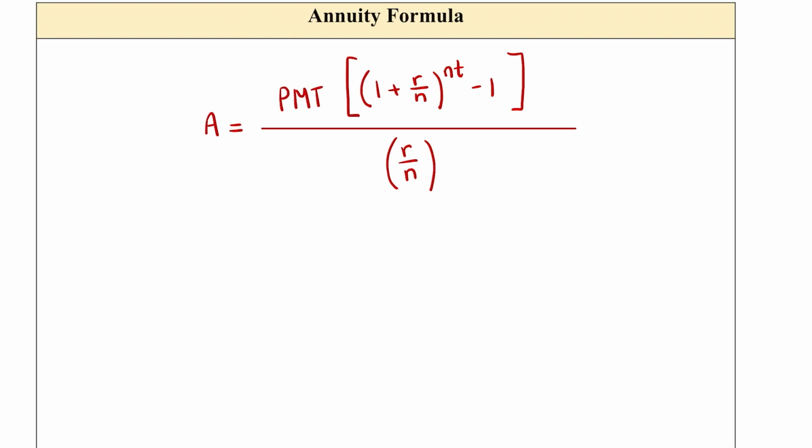My annuity formula is A equals PMT times 1 plus R over N, the whole thing raised to N times T, and then minus 1, all over R divided by N, where A is the amount in the account after T years.